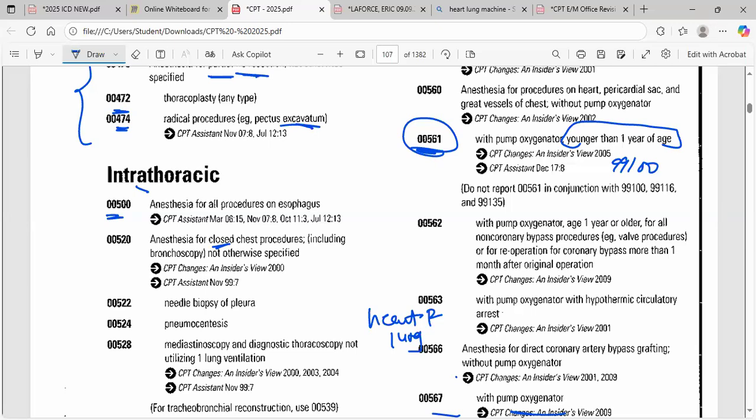Normal closed procedure means thoracoscopy, bronchoscopy. When the scopy procedures have been performed, we are going to consider this as a closed procedure. Open procedures are where the chest has been incised, then we are going to consider that as an open procedure.